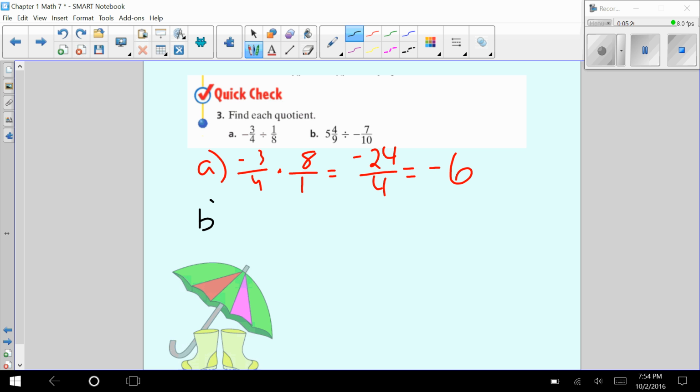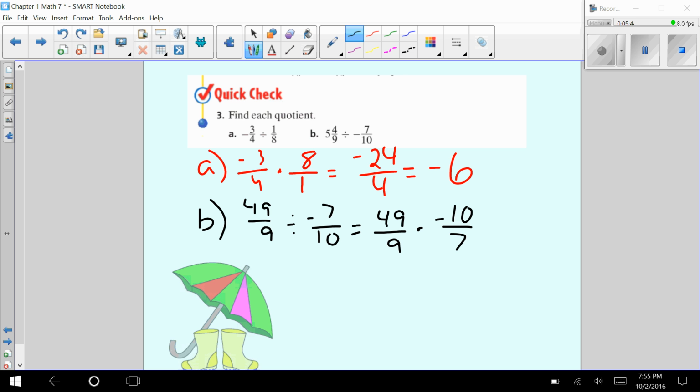For letter B, I need to change the 5 and 4/9 first into an improper fraction, which is going to be 49 over 9 divided by negative 7/10. So I'm going to flip my second fraction over and change my division to multiplication. All right.